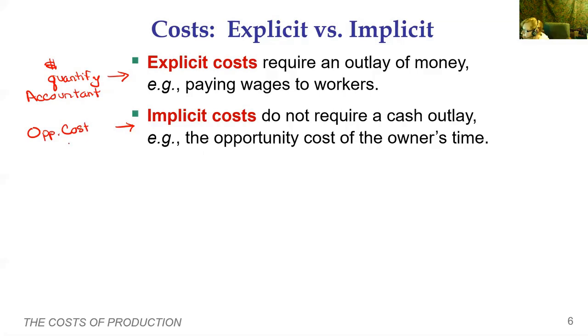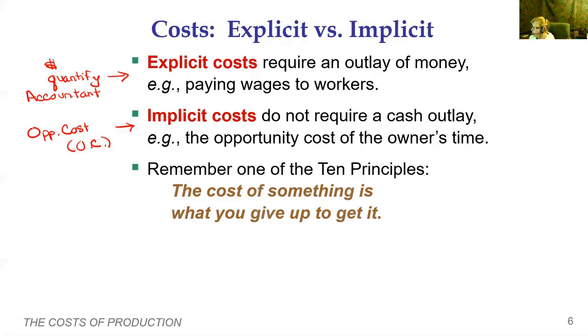I'll abbreviate that from now on as OC, opportunity cost. So this is where accounting and economists really part ways. What we're going to say is, for an economist, we're going to look at everything. Economists look at all costs. That's kind of important.